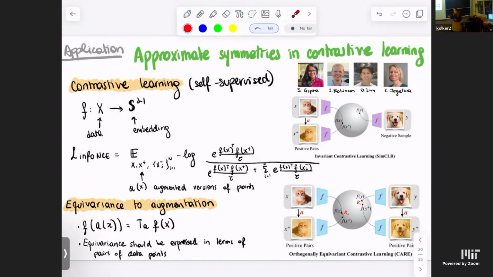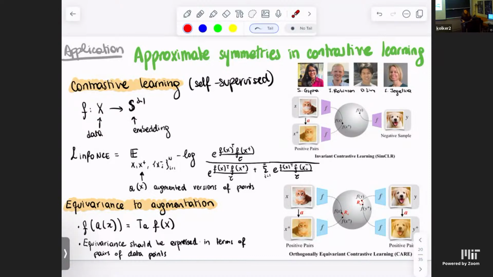For each augmentation, we can find an orthogonal transformation such that applying the embedding and then this transformation is the same as applying the augmentation and then the embedding. We want the diagram to commute as well. So the embedding of the augmented version of X is this transformation of the embedding of X. This should hold for a fixed augmentation. If you do it to this dog, the same thing would happen.